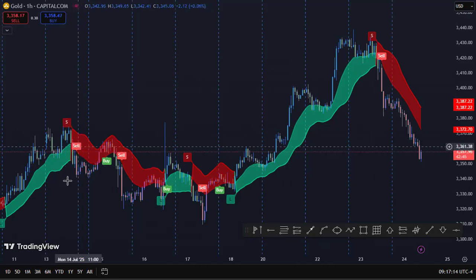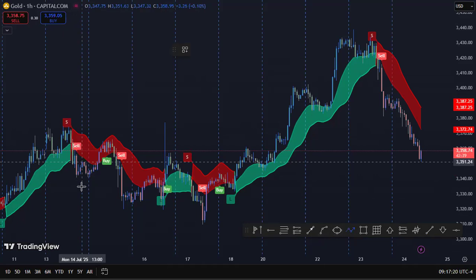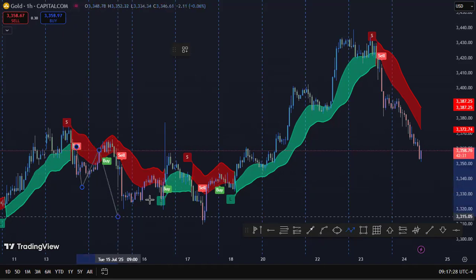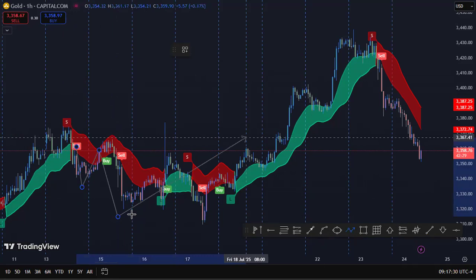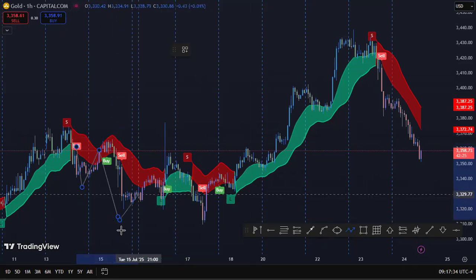I usually wait for the comeback and retest, okay. I wait for price to give a signal, come back to retest, then I enter. That's my recommendation for using the system.